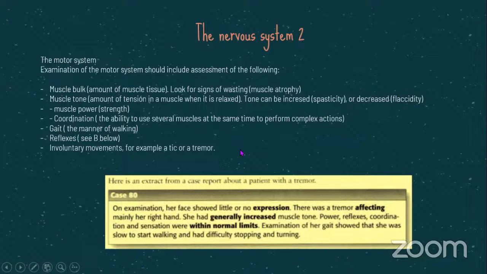Remember what was the meaning of tremor? Do you remember? A constant and rhythmic, involuntary movement. Involuntary movements, yes. Exactly. Do you have any questions here?